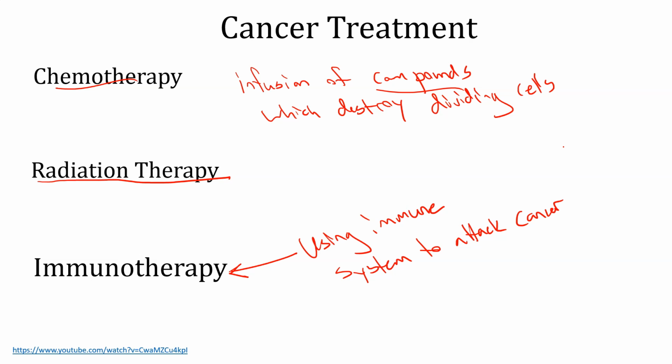But generally, when your body mounts an immune response to cancer, it's effective for a while, but then your immune response wanes and gets less strong, and the cancer cell still survives, replicates again, and then it just overpowers the immune system.